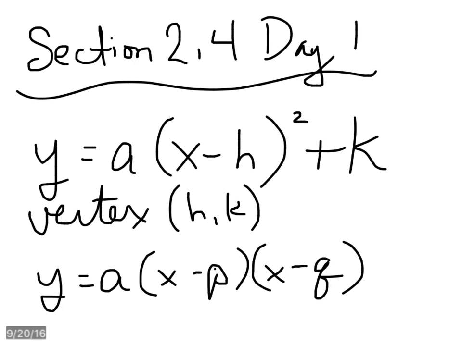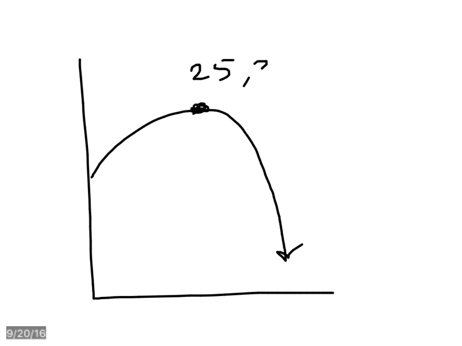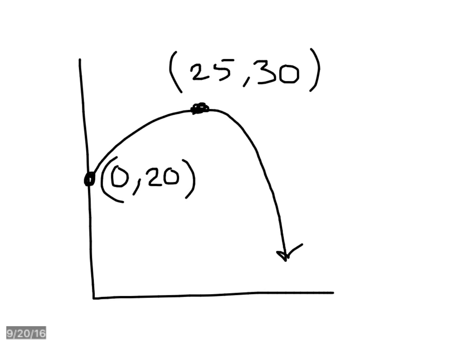So on the first one, here's what it's going to do. A lot of times they'll give you a picture. They'll give you something like this, and it's looking like that, where this is the top. It says 25 and 30. And then right here, it says 0 and 20. So, is this giving you the x-intercepts?